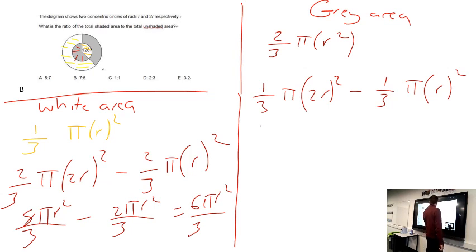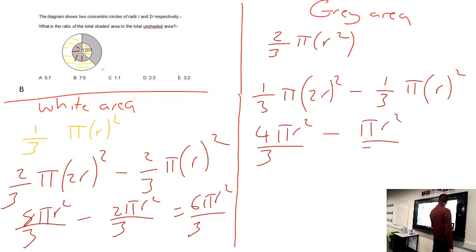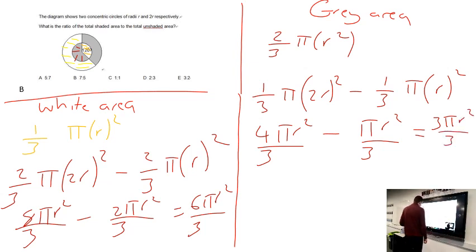So this is going to be 4 pi r squared over 3 minus pi r squared over 3. So that's going to be equal to 3 pi r squared over 3.